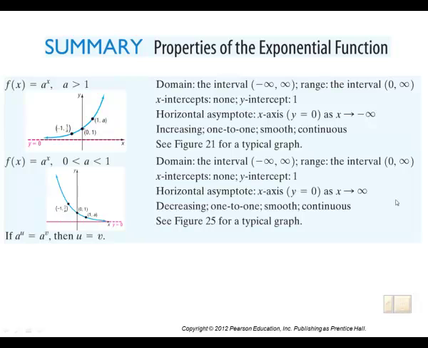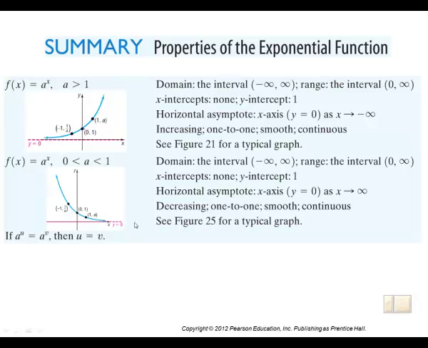So in summary, when a is greater than 1, we have exponential growth. We have y equals 0 as a horizontal asymptote, and you're always going to get that intercept at 0, 1. And so at 1, the y value will be whatever that base is. For a base that is a fraction between 0 and 1, you're going to get exponential decay.